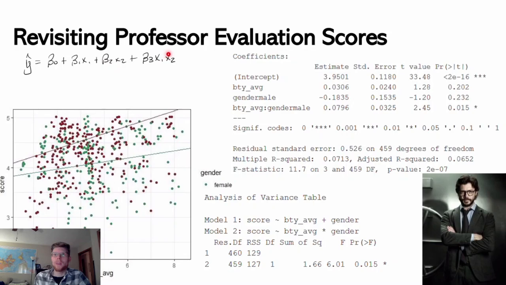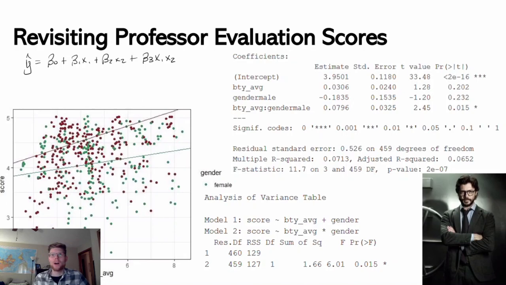If it's 1, though, we adjust our slope value, because then I have beta 3 times x1 plus beta 1 times x1. Like terms can be added together, so essentially I am adjusting the slope value depending on the gender.